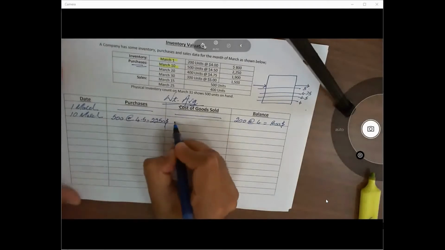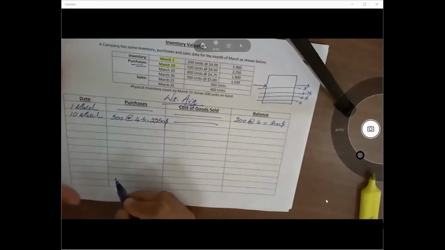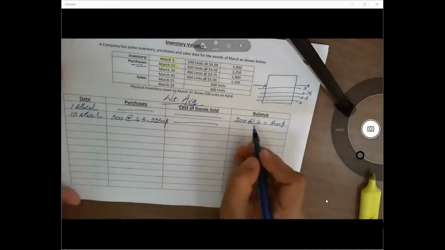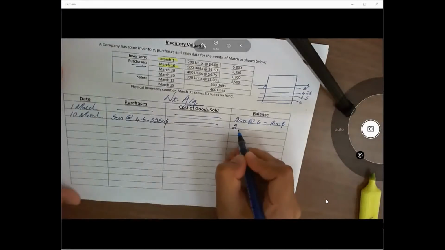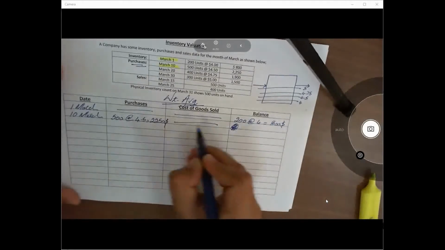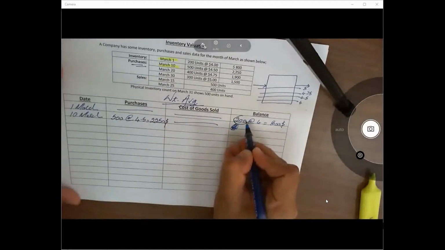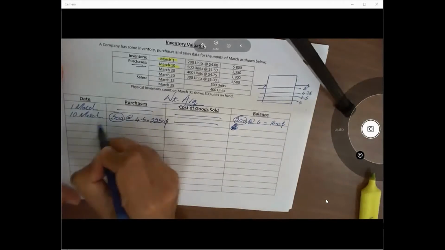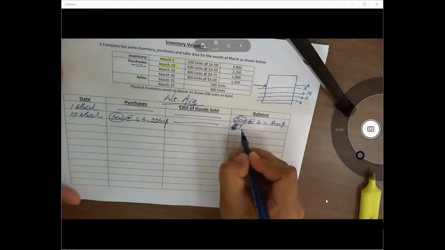$2,250. Are we selling something on this date? We are not selling something on this date, which means that we need to add the same value of inventory over here. But now when we write this inventory value, we need to add this 200 and this 500. So 200 of this and 500 of this, total becomes 700.